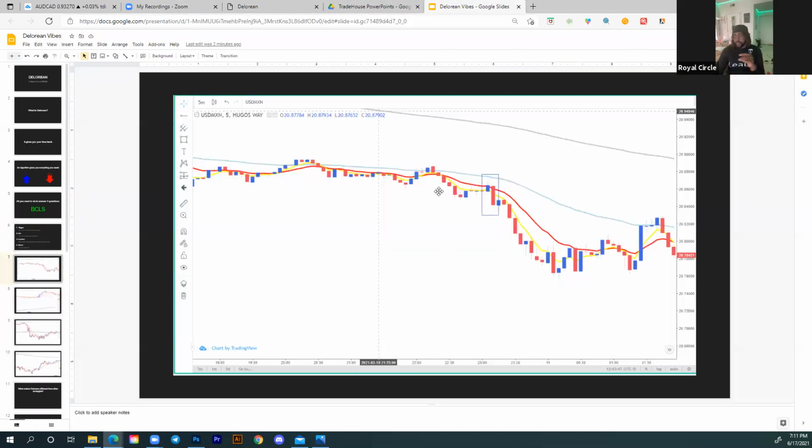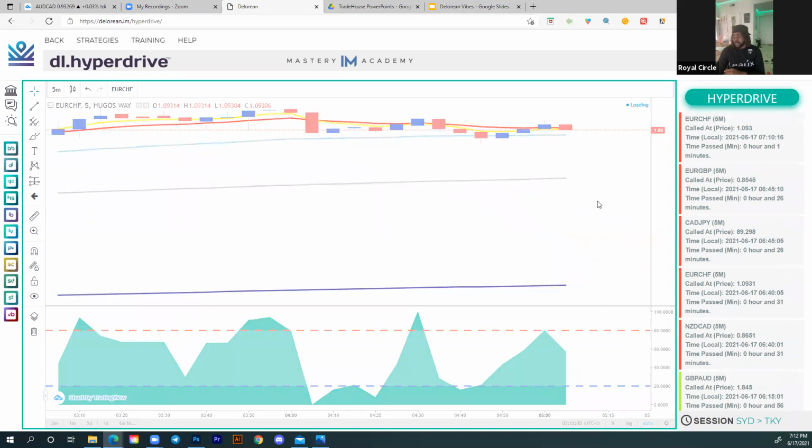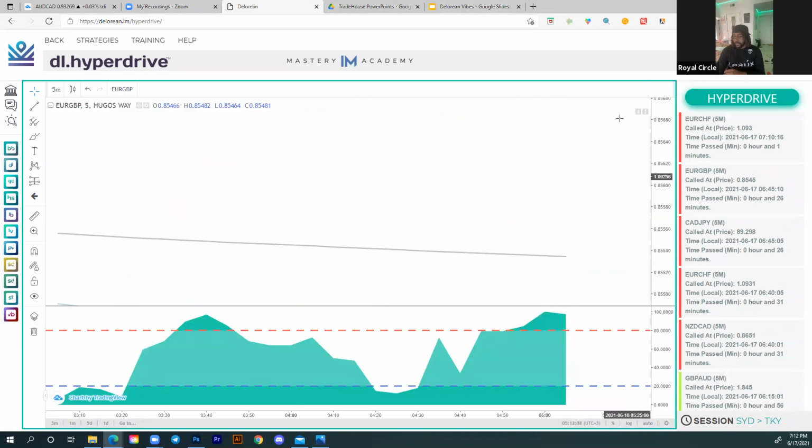So a few examples. When you get the arrow, so this is a sell example. When you get an arrow, like I just showed you the red arrow, you're looking at the 2 candles previous to the red arrow. So for example, if I go back to, which one was good? This one? Yeah.